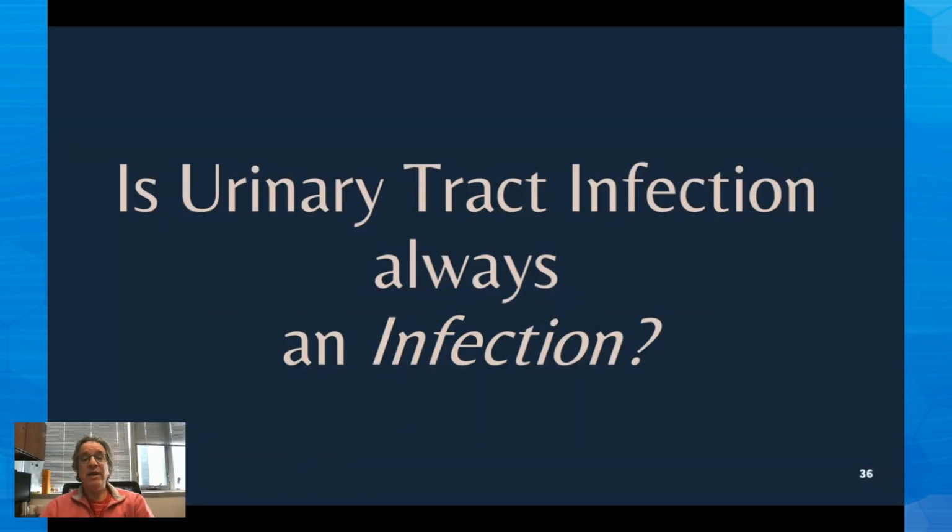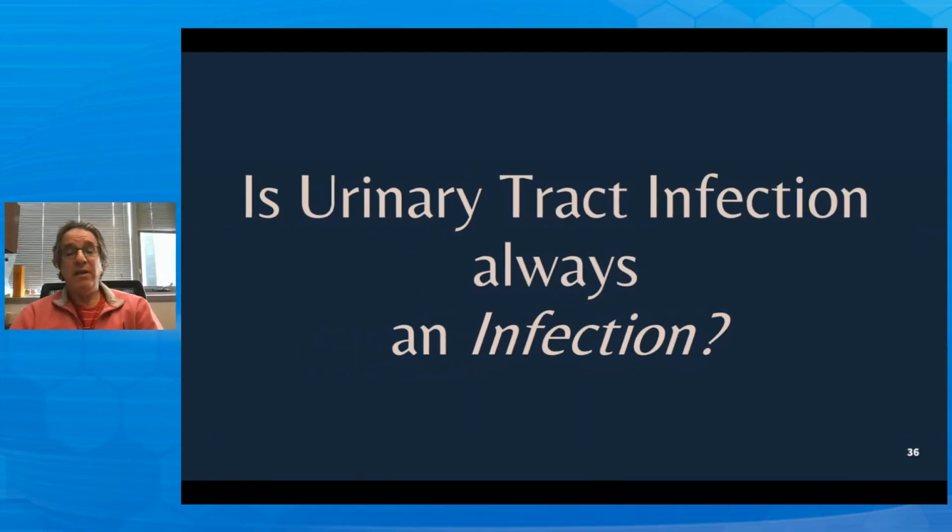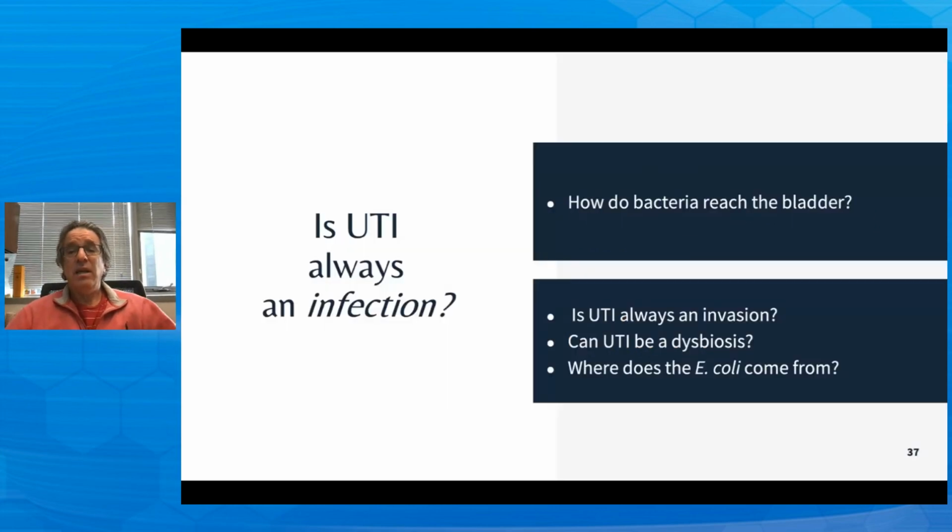So now, is a urinary tract infection always an infection? Or translate that into, is it always an invasion? Okay, so I want to ask you the question, how do bacteria reach the bladder? And for those who understand bacteria, at least E. coli and Proteus and the typical uropathogens, you go, well, they have propulsive devices.